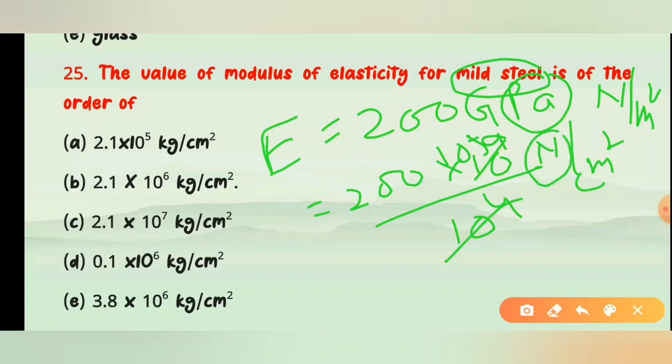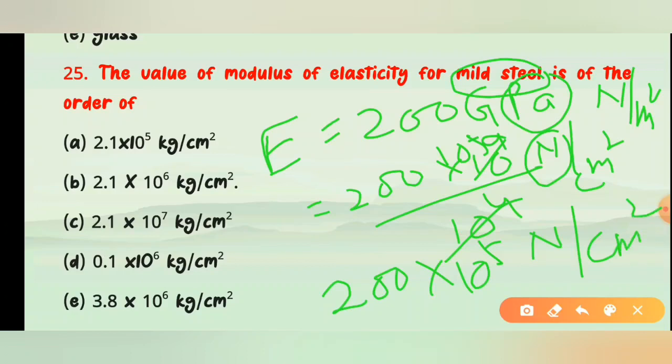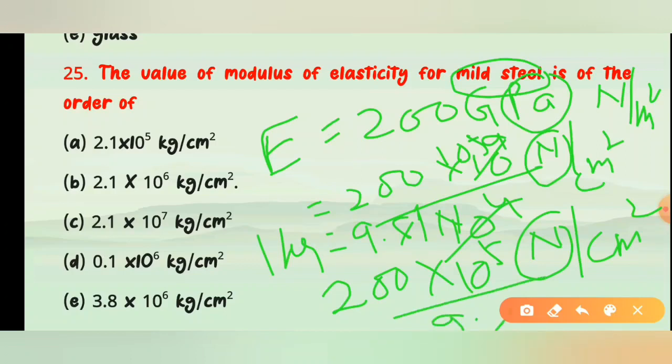So here 200 into 10 to the 5 Newton per cm square. 1 kgf equals 9.81 Newton. So by dividing by 9.81 we can get kg per cm square.